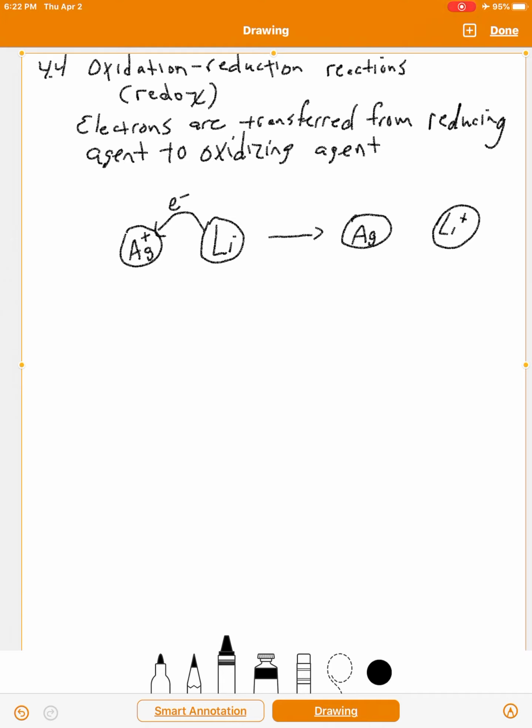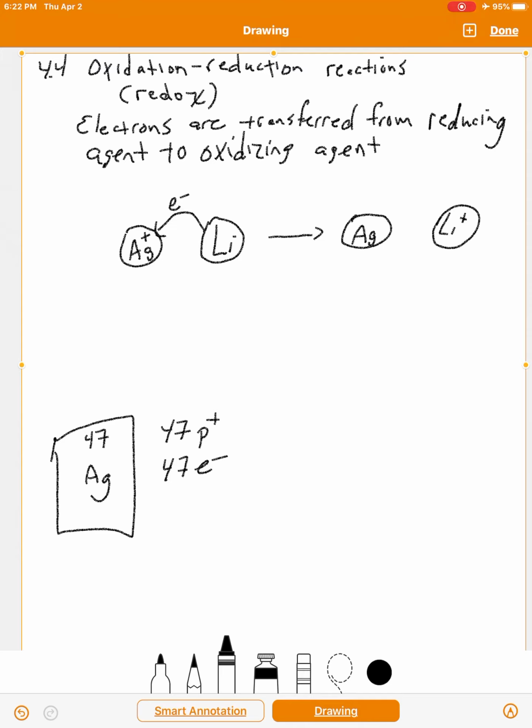A silver atom, silver is element number 47. Now, a neutral silver atom has 47 protons. Remember, the protons are in the nucleus of the atom, and it also has 47 electrons, 47 negative charges. So that means it has positive 47 in the center, but negative 47 outside of that, so they neutralize each other.